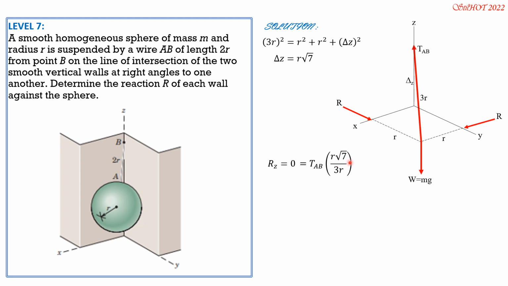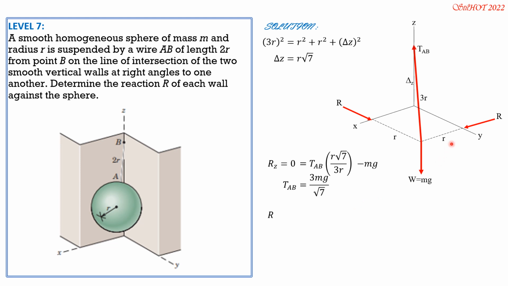So R square root of 7 over 3R, the distance from center of sphere to B, instead of square root of R squared plus delta Z squared, it will go back to 3R. Then minus mg. So therefore, cancel R. Tension AB is 3 mg over square root of 7.